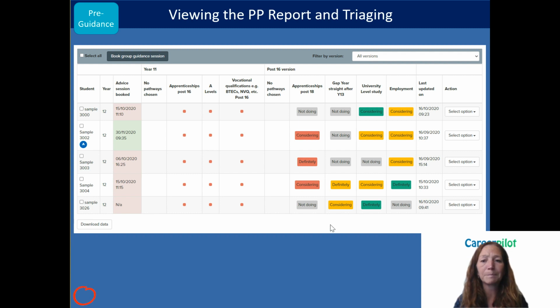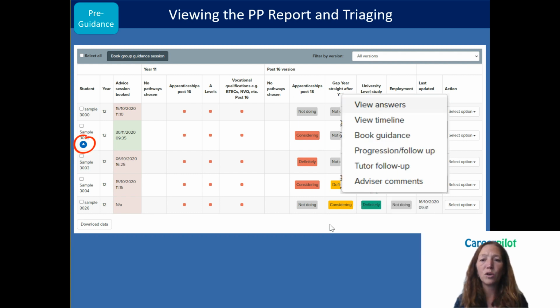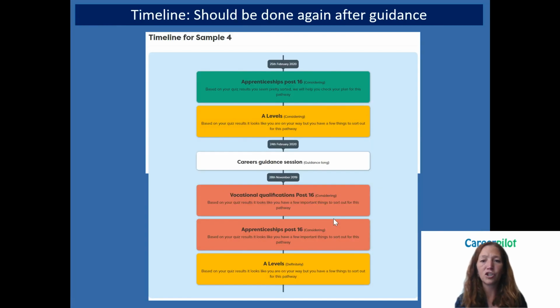So there is that flexibility. So that can all be booked here, and that sends an invitation through to the students so you can invite them along to their guidance session. And then after the guidance session, it updates on the timeline that you can see, so you can keep track on how the students moved on as a result of their guidance session. So really great for measuring the impact.